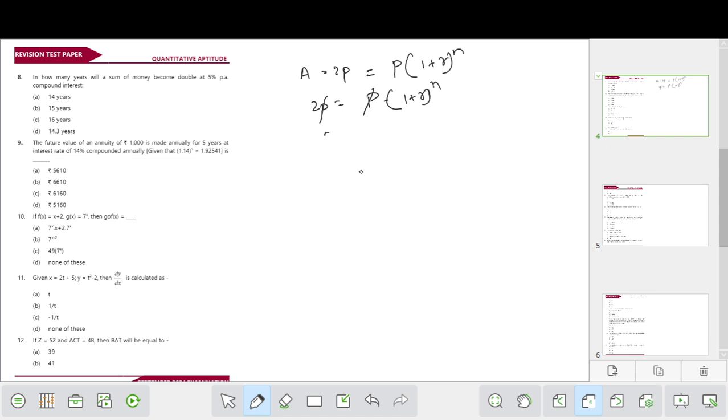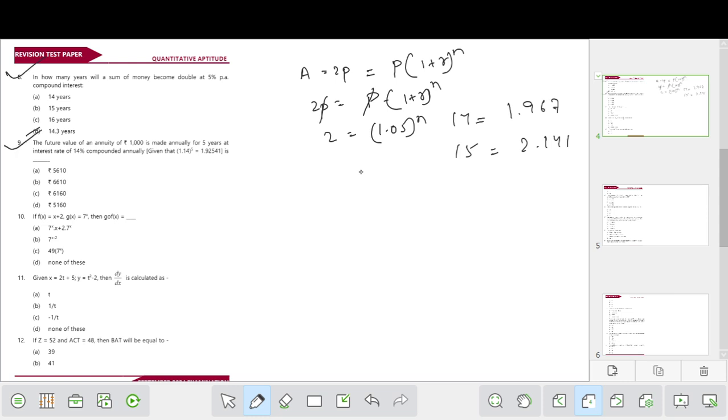P and P will get cancelled. 2 is equal to 1.05 to the power n. Now we can use hit and trial method. If you put 14, it will come something less than 2, which is 1.967, something like that. And if you keep 15, it is 2.141. So the ideal answer is D, in between these two.